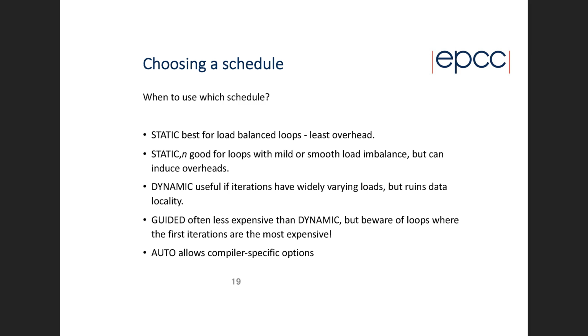Okay, so dynamic is most useful if your iterations have very widely varying loads. For example, if you have some iterations that take 100 or 1,000 times longer to execute than other iterations, then you probably want to use dynamic, because that's going to give you the best chance of balancing the load.